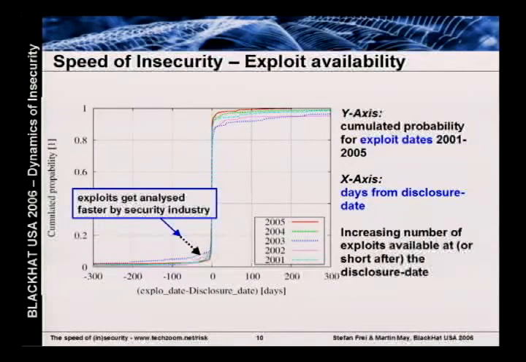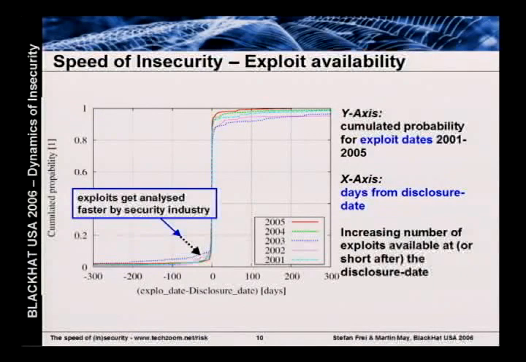And vertically, we see the accumulated probability. This is what we call the speed of insecurity. This is how fast exploits are made available. And we compare it to the disclosure date of the vulnerability, because upon the disclosure, the public and potentially every user of the software has the same information as everybody else.